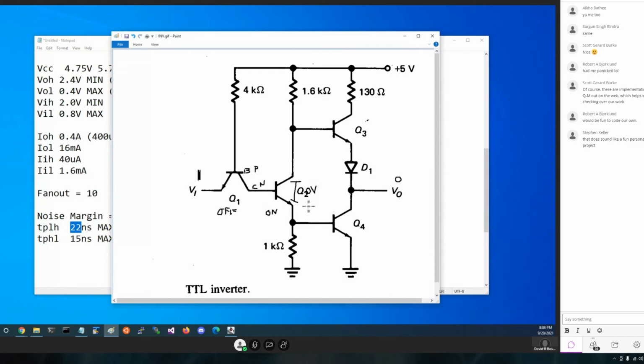If this is grounded, what's going to happen to this transistor right here? It's not quite grounded because we got this 1K resistor in here. But Frank, what do you think?